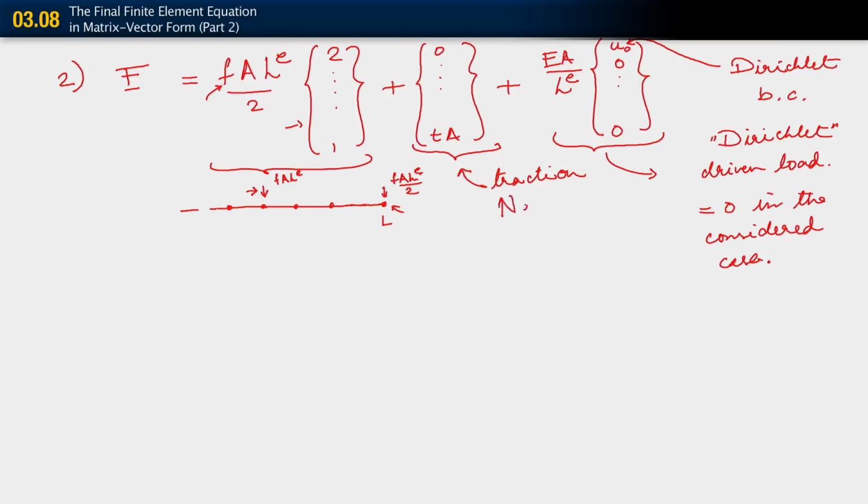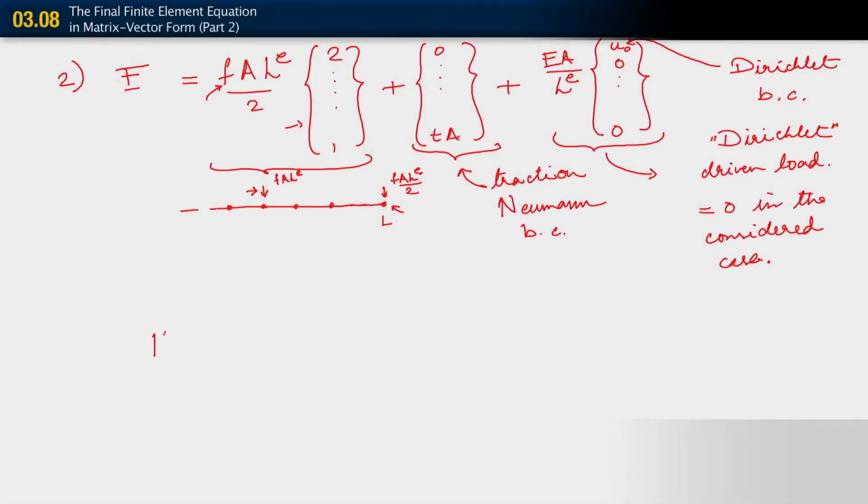Since I'm calling it traction, I also ought to say that this is the Neumann boundary condition, and finally the effect of the Dirichlet boundary condition as well. Okay, we will stop this segment here, but essentially at this point we have completed our simplest finite element problem in 1D for linear elliptic equations.